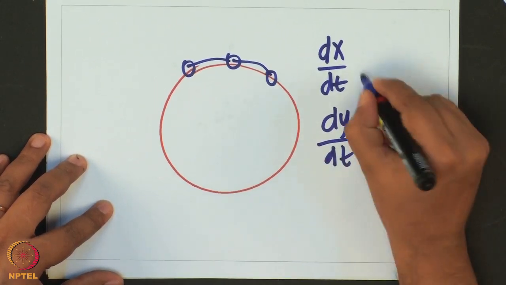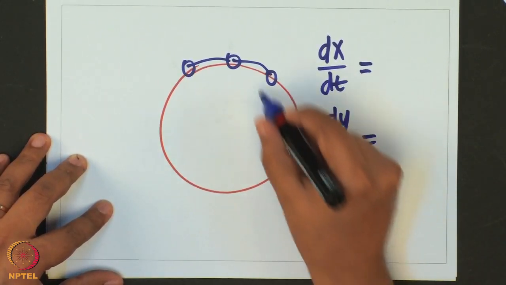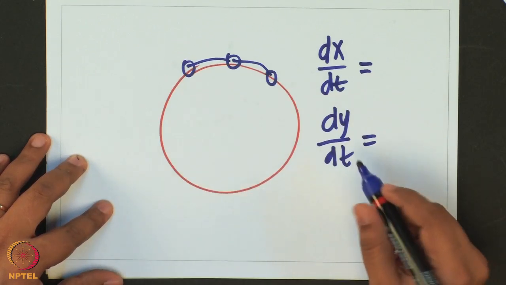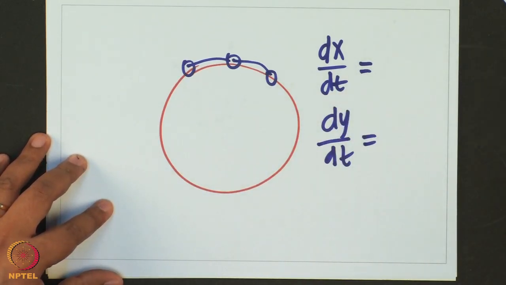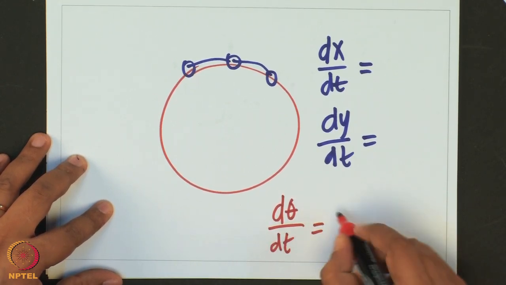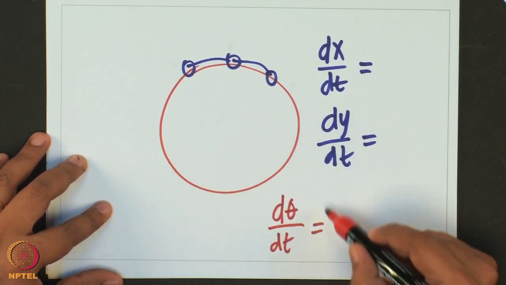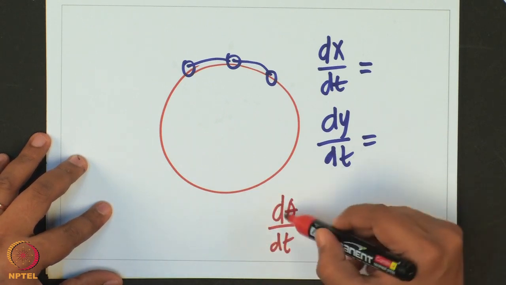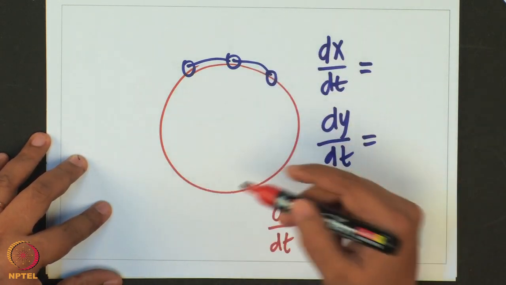I have to specify two things, then only I would say how this is moving. But instead of this, I could just say d theta by dt. This alone, just one variable, would describe the motion along the circle.